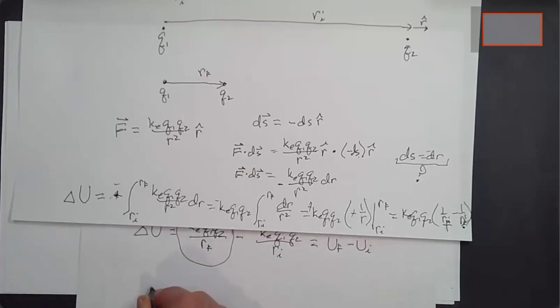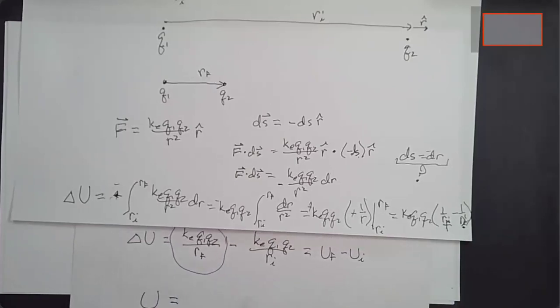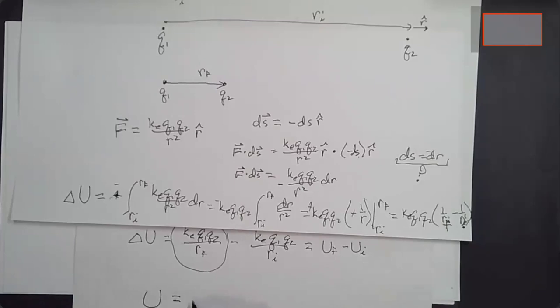So for electrical energy, our choice is usually going to be to define it to be zero at infinity, although not always. Sometimes we'll define some point in a problem to be zero, especially in electric circuits.